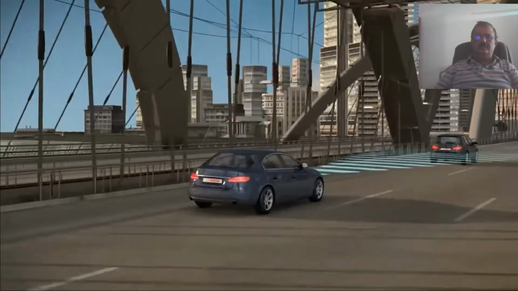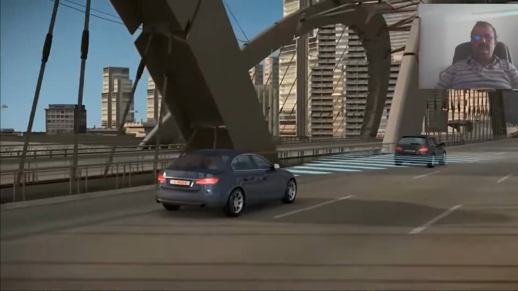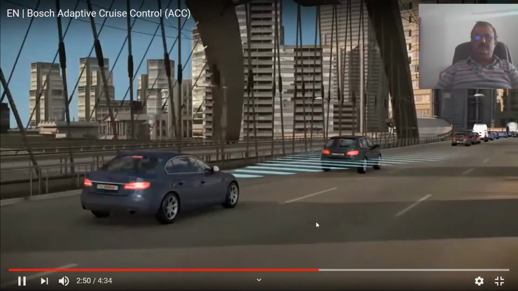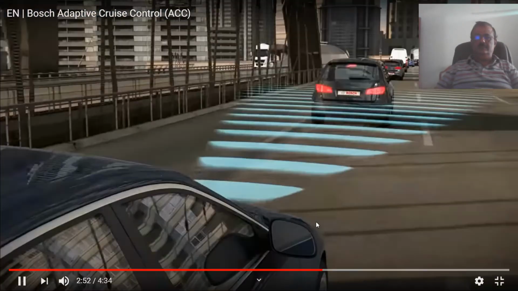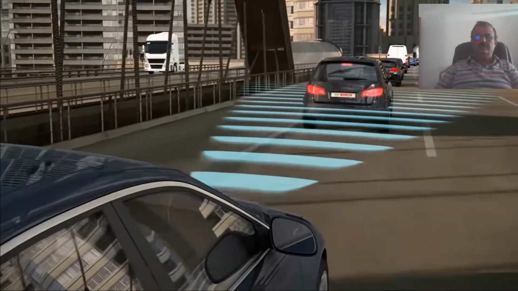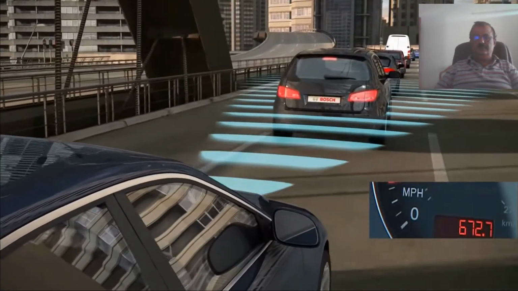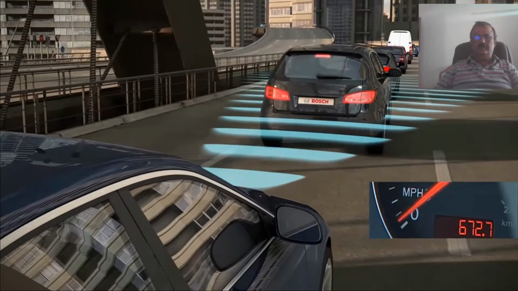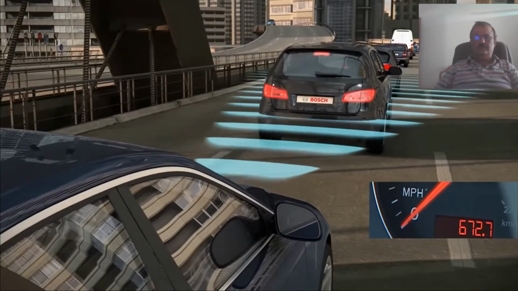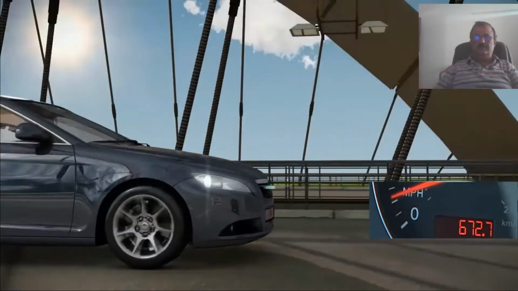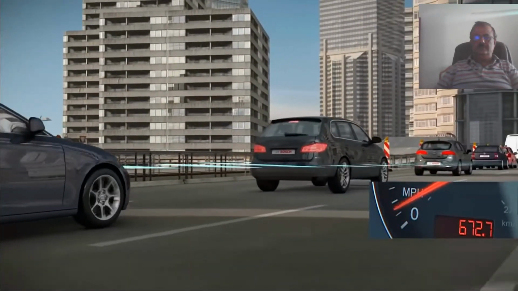The ACC stop-and-go version is also active at speeds under 30 km per hour, right down to vehicle standstill. The system can maintain the set distance to the preceding vehicle even at low speeds and can brake down to complete vehicle standstill. When the vehicle ahead moves forward within a few seconds, the ACC vehicle follows automatically.